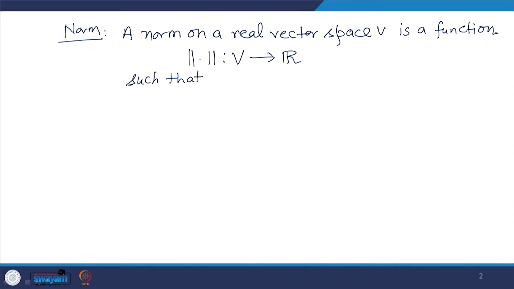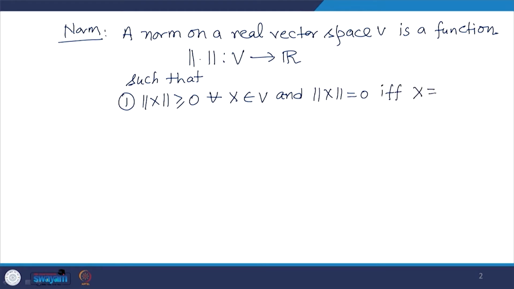this function satisfies certain properties. The first property is that the norm of a vector is non-negative for all x belongs to V, and the norm is 0 if and only if the vector itself is the 0 vector.